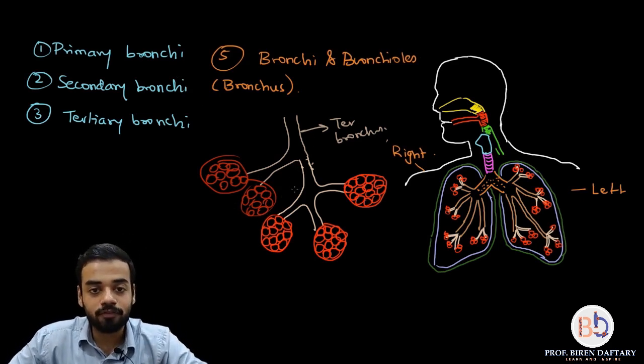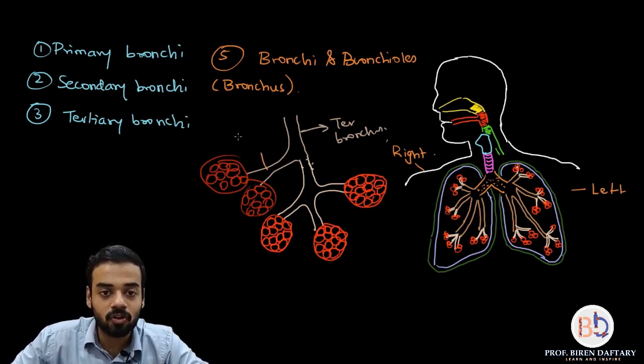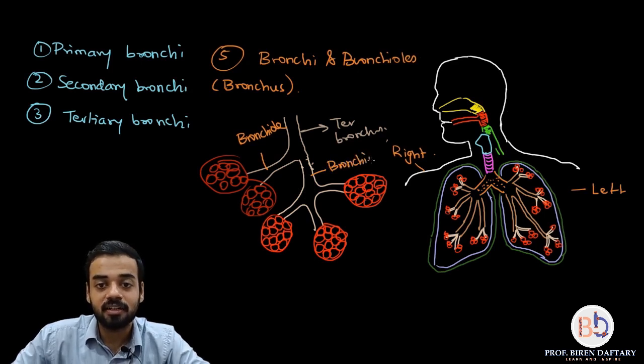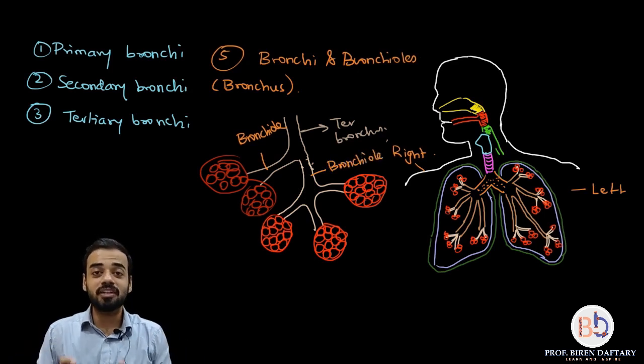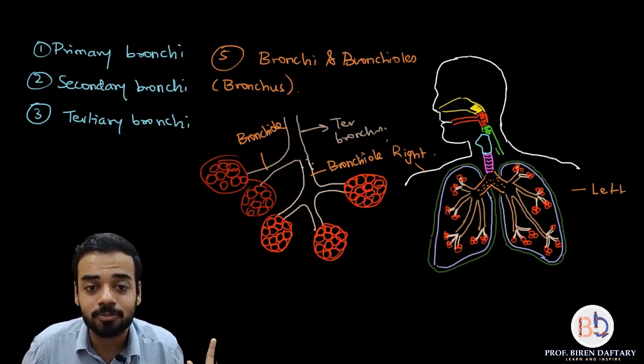Now each of these further branches is called a bronchiole. Similarly, this branch is called a bronchiole. So each tertiary bronchus further divides into smaller branches called bronchioles.